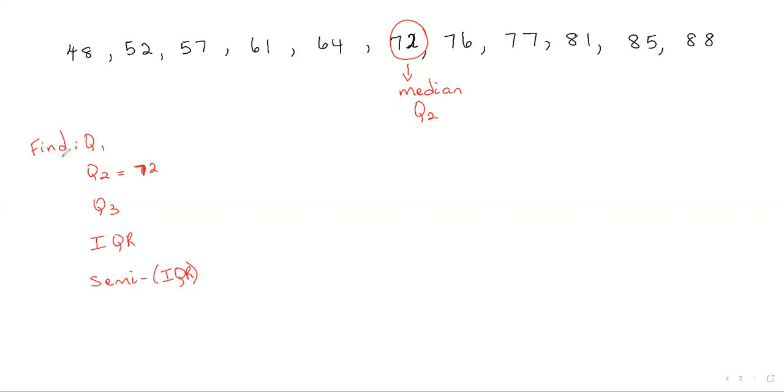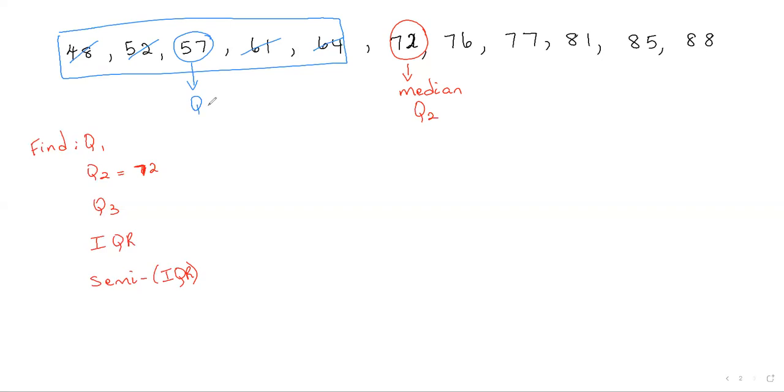Now, to find Q1, remember, you're going to take all the numbers which are before the median, and you're going to find the midpoint of that. So we cancel, cancel, cancel, cancel, and I got 57. So this here is Q1. So my Q1 is 57.